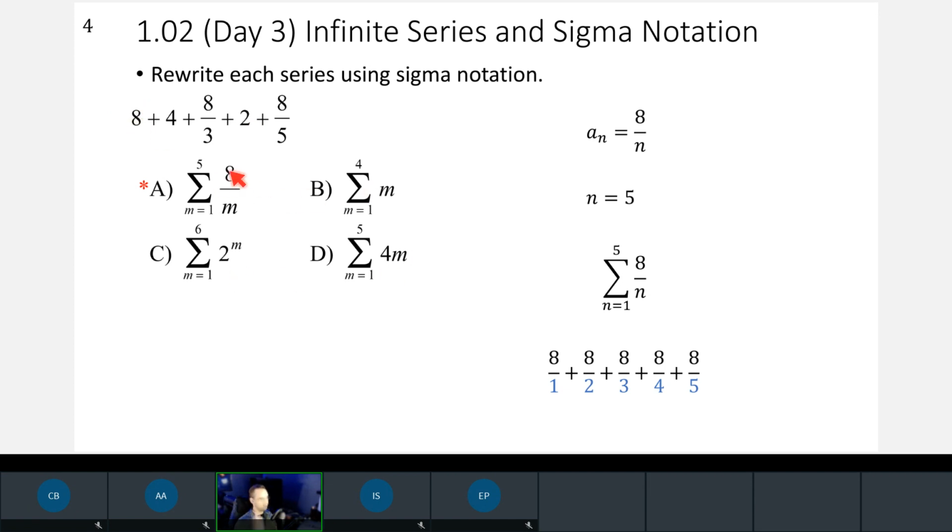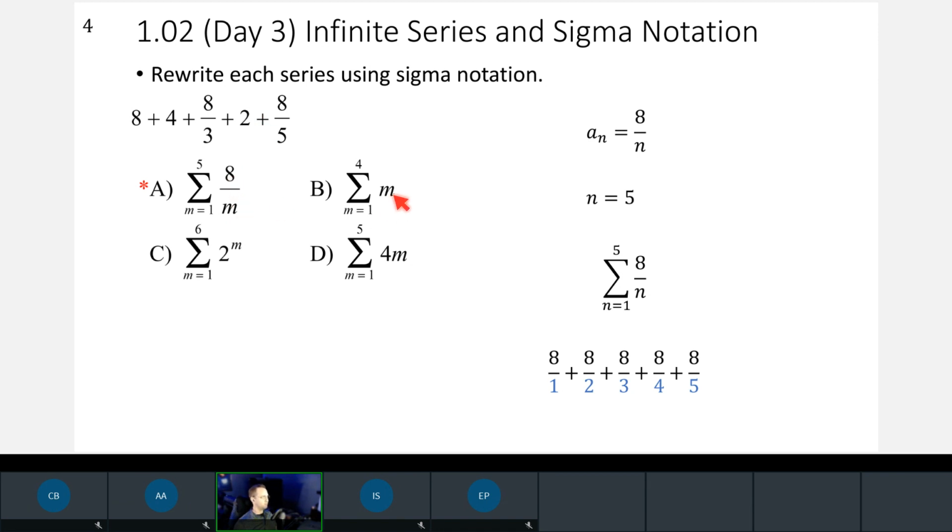I don't know if they do. I didn't check them. But usually, if you pick something further down the line, each series will be very different, and the odds of getting them to be the same number for n equals 4 here are pretty slim. So I would plug in n equals 4 to see if I get 2 here. Well, 8 divided by 4 is 2.